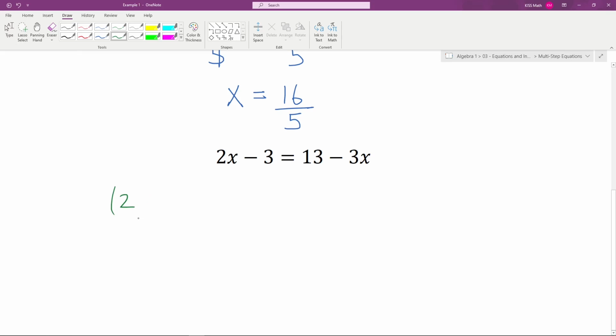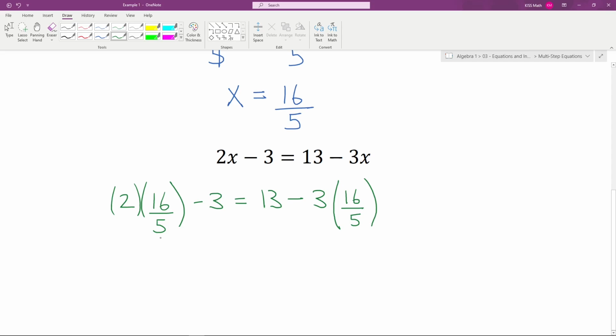So 2 times this x, so that's 16 over 5, minus 3 equals 13 minus 3 times 16 over 5. And now we just have to evaluate this thing.